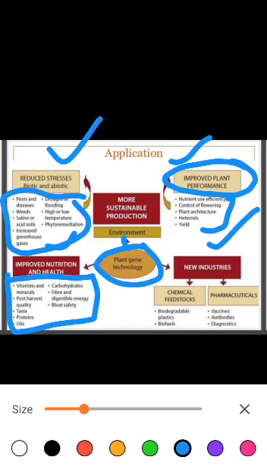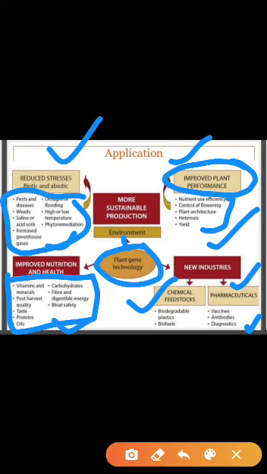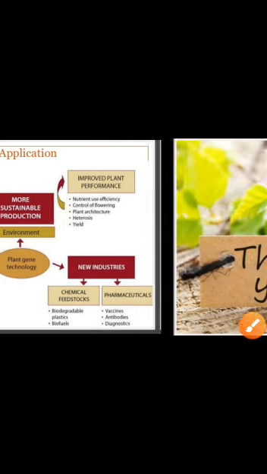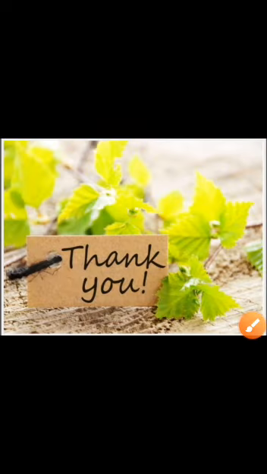And by improving nutrition and health, we can introduce vitamins and minerals in the particular crop. And in industries, we can produce chemical feedstock, and in pharmaceutical industries also, by introducing genes, we can produce various vaccines, antibiotics, diagnostics. So these are the applications we get by modulating a gene in microorganisms and nitrogen fixers.